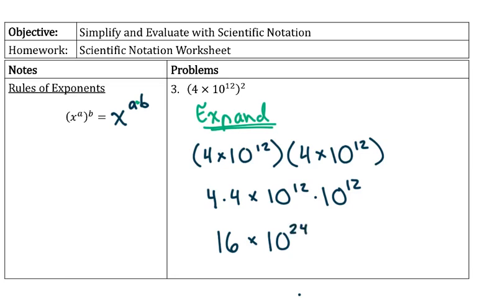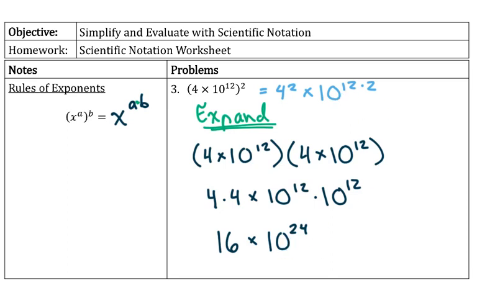You'll notice that's the same thing as squaring these terms to say 4 squared times 10 to the 12 times 2, following this rule. So either way, you get the same answer.